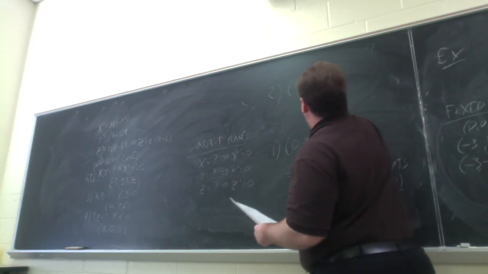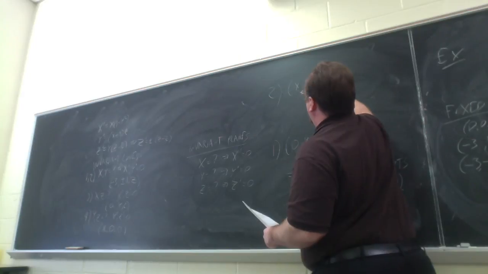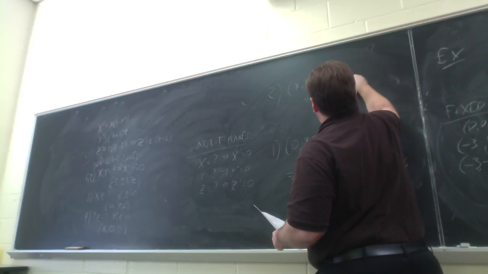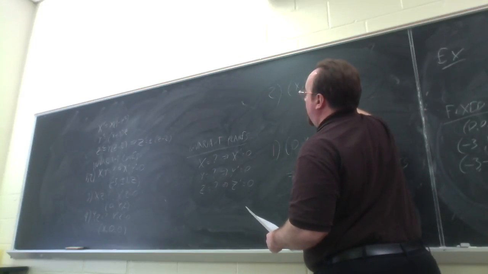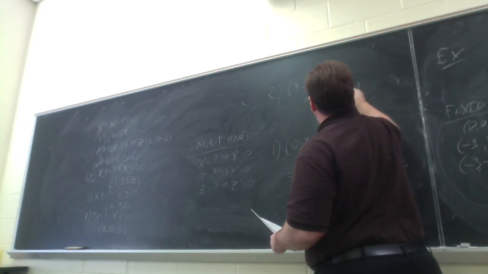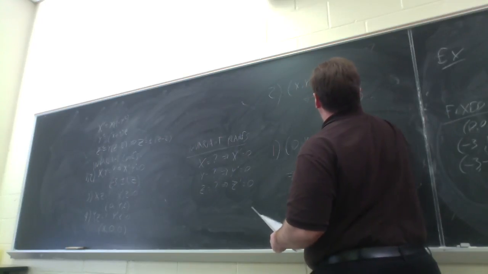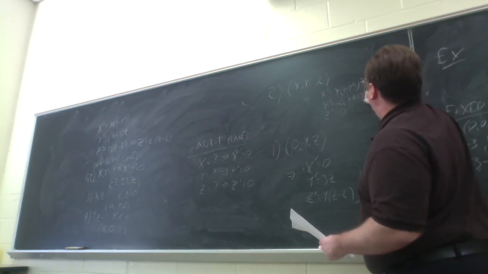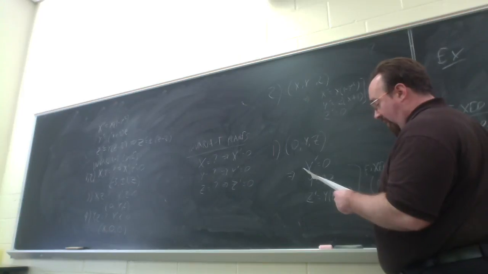So now that system scales down to x prime is still the same thing. Y prime is equal to 2 times x plus 3, and z prime is equal to 0. So now you can study this system to see where there are fixed points.